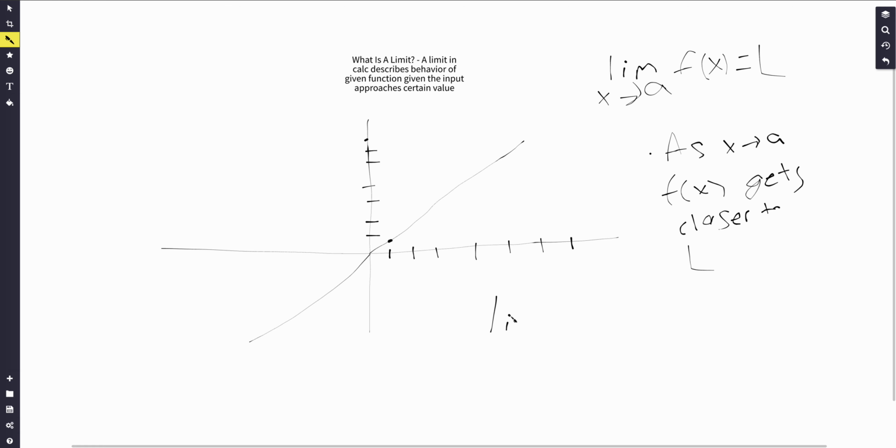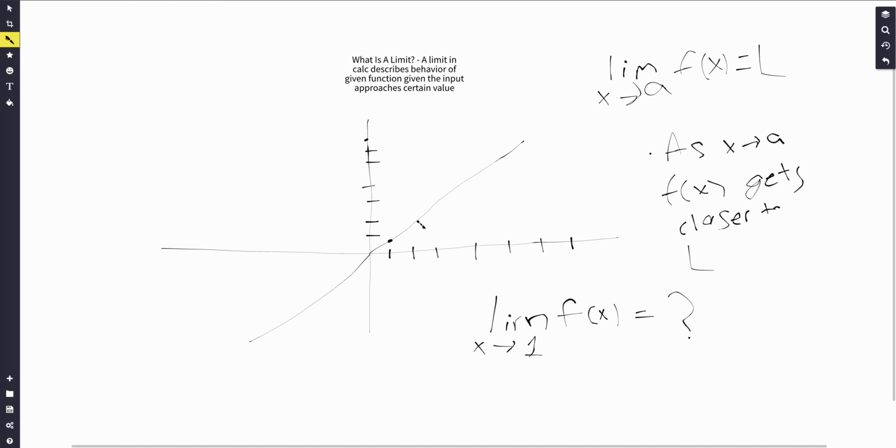So let's just give the example in this case right here. We have the limit as x approaches 1, because the value right here in the dot is 1, of f of x equals what? Alright, we need to find what this is equal to.